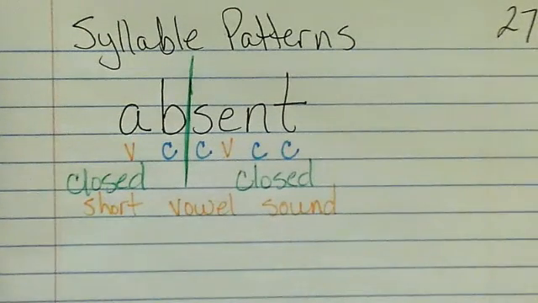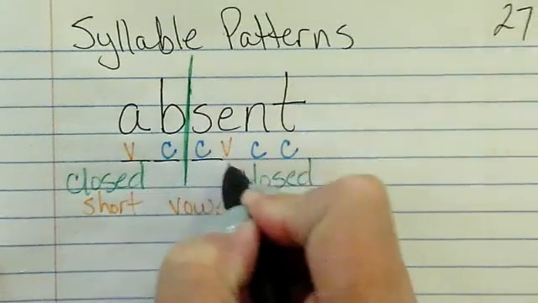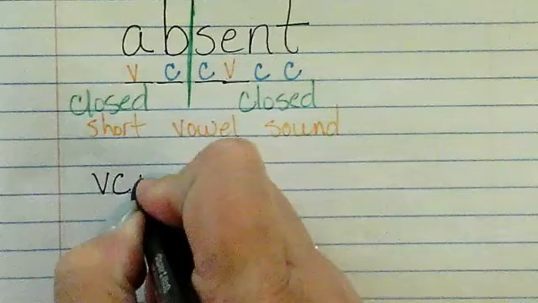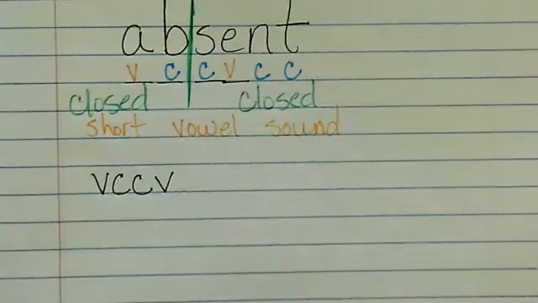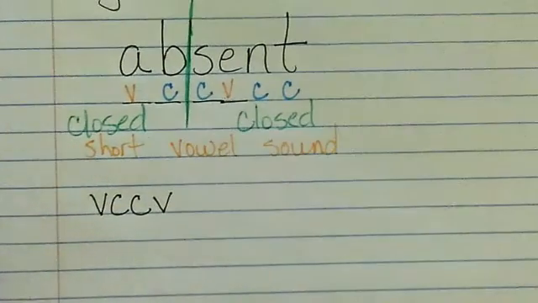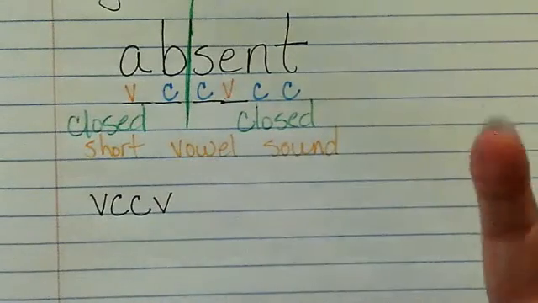Okay, so when I have this type of pattern where I have a vowel, consonant, consonant, vowel, I'm going to write that here. I have vowel, consonant, consonant, vowel. If you run into this pattern while you're reading, you'll know where to break your syllables apart.